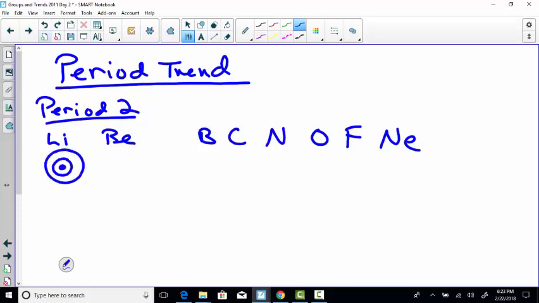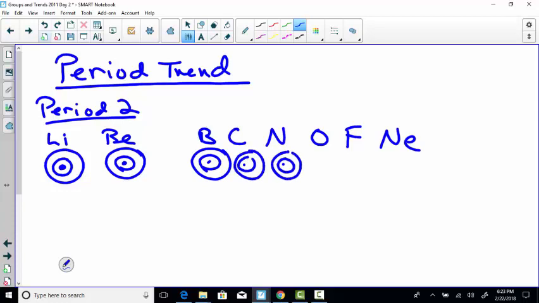that all of these only have 2 energy levels. So your first instinct would be, well, if they all have 2 energy levels, then shouldn't they all be the same size? But that's actually not the case.